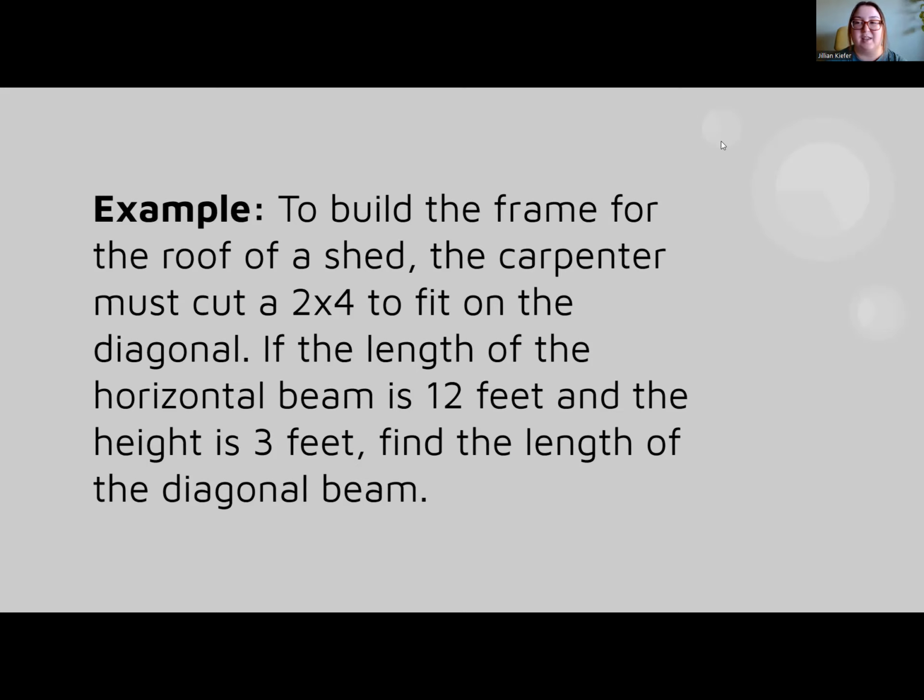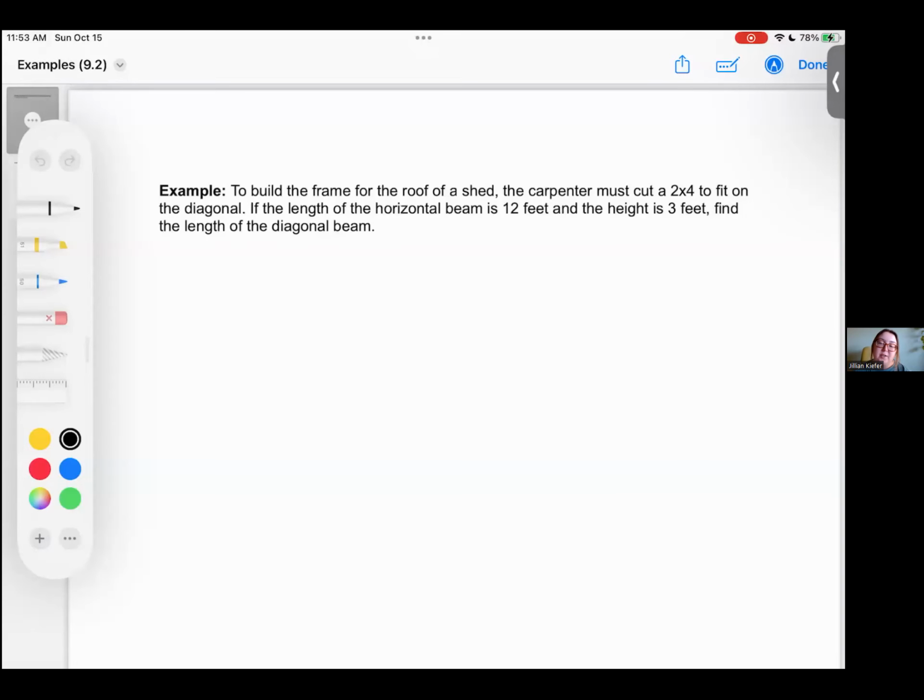So let's go ahead and do this together. All right. For our example here, we are told that we're building this frame for the roof of a shed. It's very beneficial to try to draw a picture to get a better idea of what's going on.